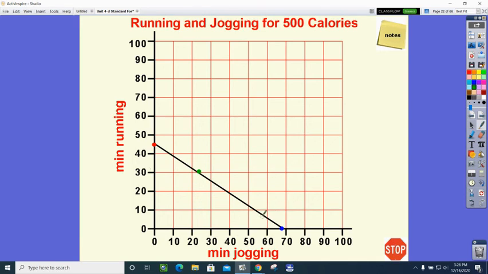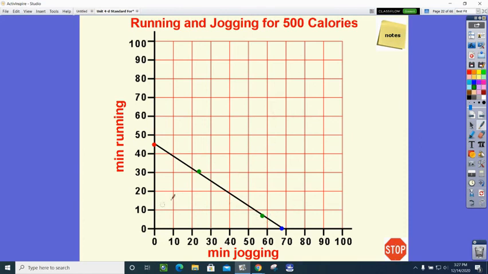This one right here: if you jog like 58-ish minutes, you're going to have to run about 8 or 9 minutes to get the 500 calories. So every single point on here would be a solution to that equation.